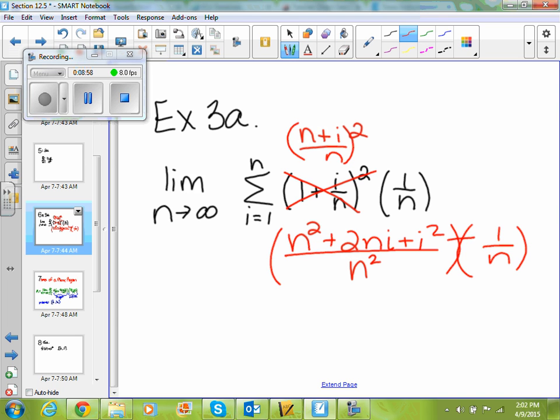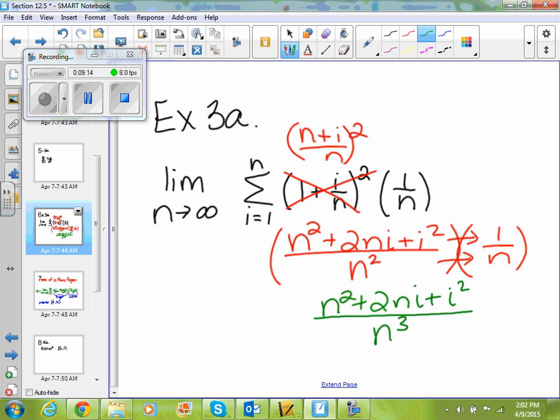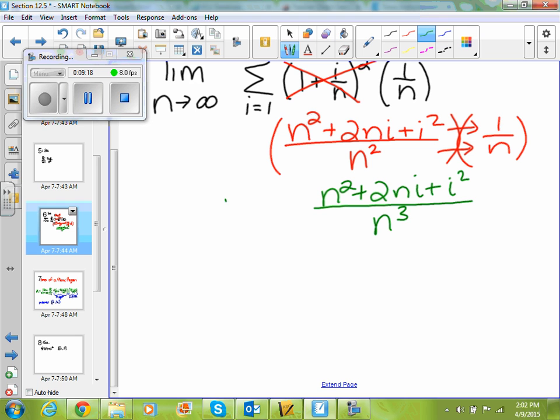So if I do that, then you multiply fractions straight across. So the top stays the same, so n squared plus 2ni plus I squared. And n squared times n gives you n cubed. And I'm still trying to find the limit of that.